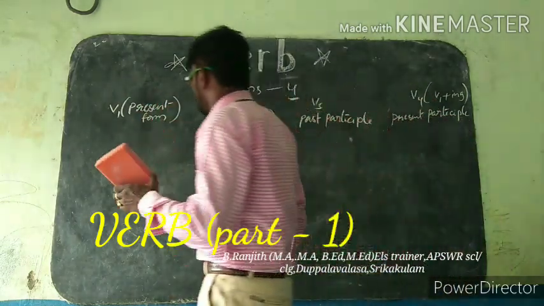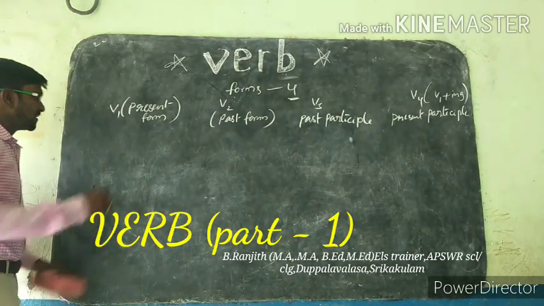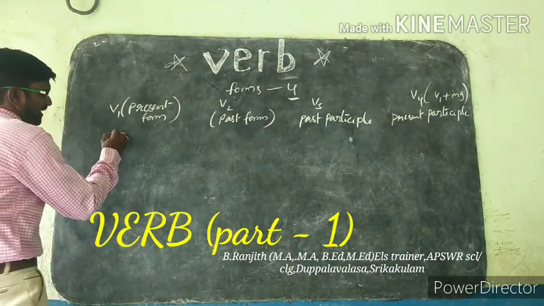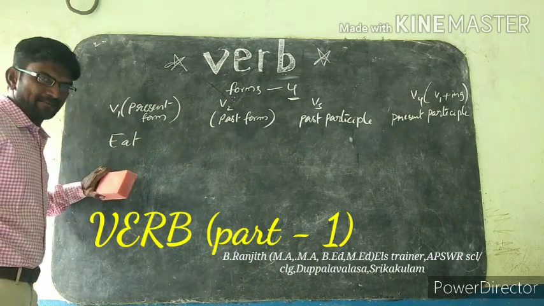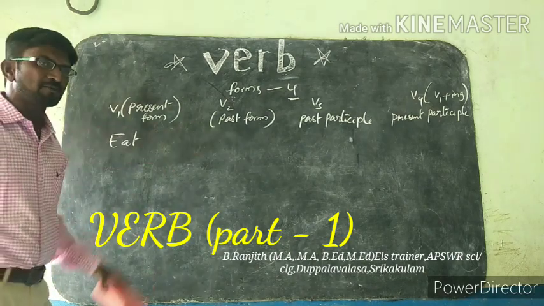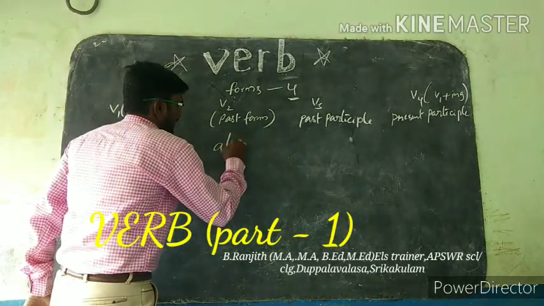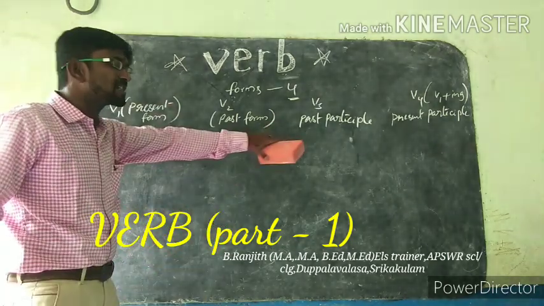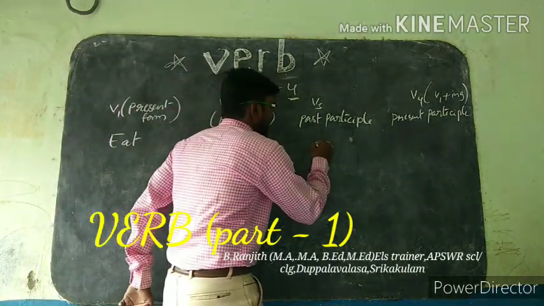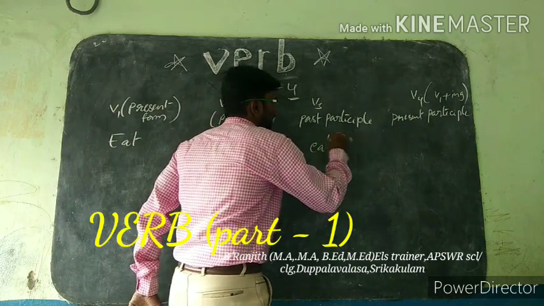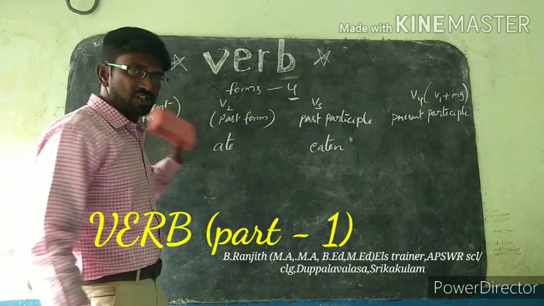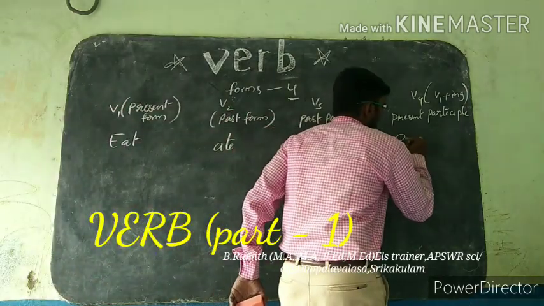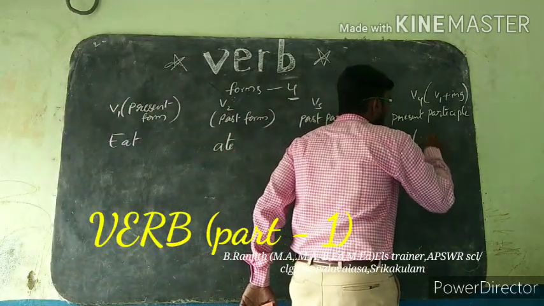So let us see some examples for verb forms. For example, always we prefer eating. So the verb eat. What is the past form of the verb? Ate. What is the past participle form? Eaten. What is the present participle of eat? Eating.